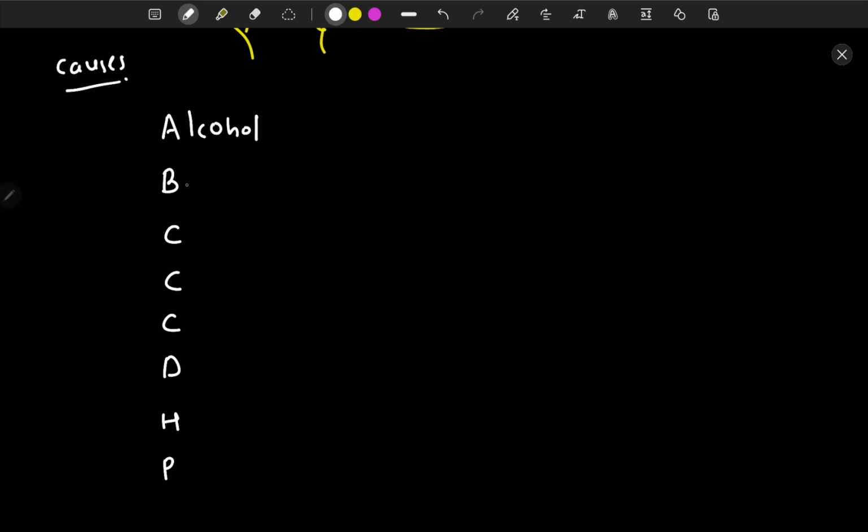Next one is beriberi. If there is chronic alcoholic disease, there will be thiamine deficiency and beriberi, which can lead to dilated cardiomyopathy. A virus can also cause cardiomyopathy, that is the Coxsackie virus.